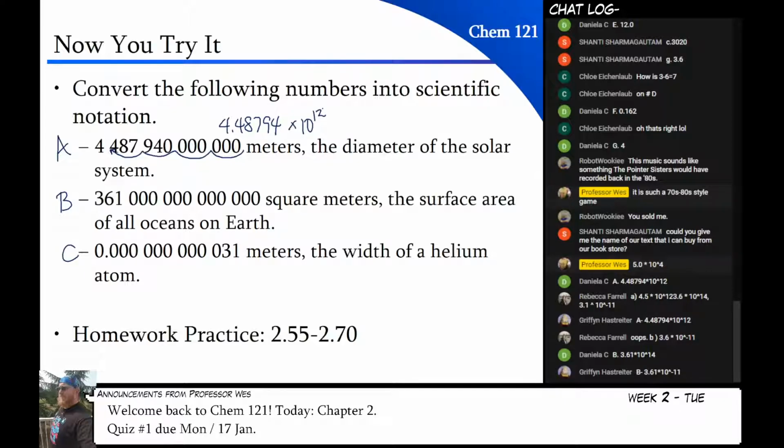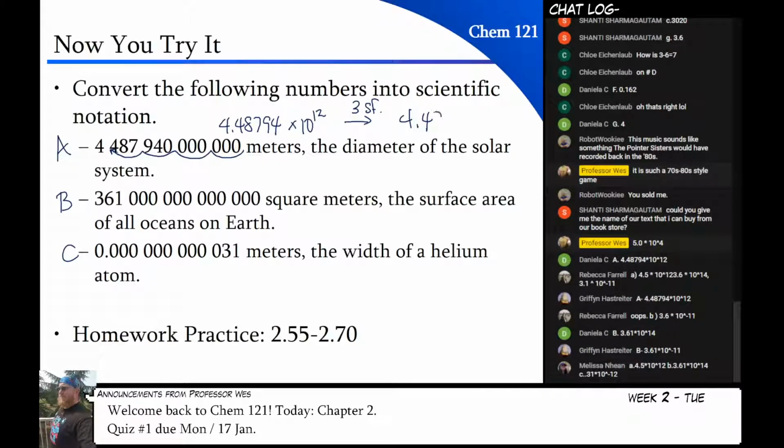Now, I didn't ask to put this in any number of sig figs, but you could remove or add zeros. You could add zeros at the end or remove some of these digits as necessary. So, for example, if I wanted to only have 3 sig figs, I would do this: 4.49. I'd round the 8. The digit after the 8 is a 7, so that rounds up. Times 10 to the 12. So, for example, if you had to do 3 sig figs, that's what you would do.